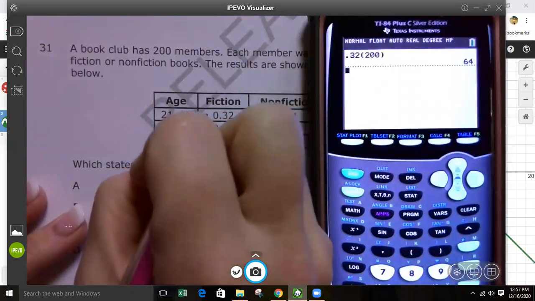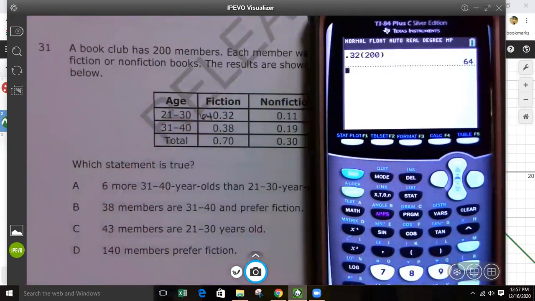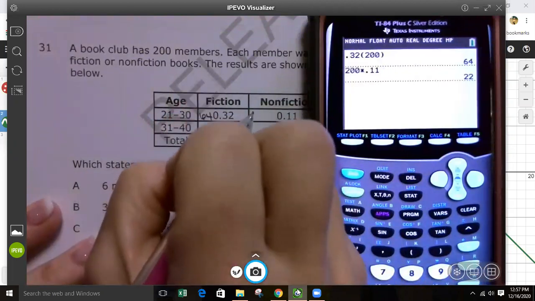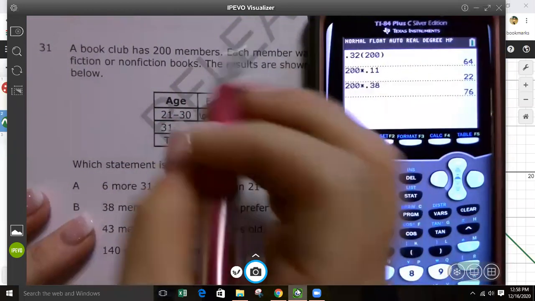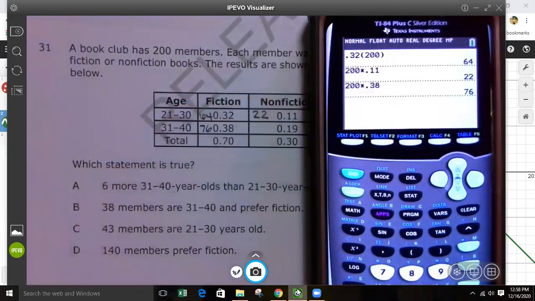So 64, 21 to 30 prefer fiction. 200 times 0.11 is 22 prefer nonfiction. 200 times 0.38 is 76 prefer fiction out of 31 to 40-year-olds.